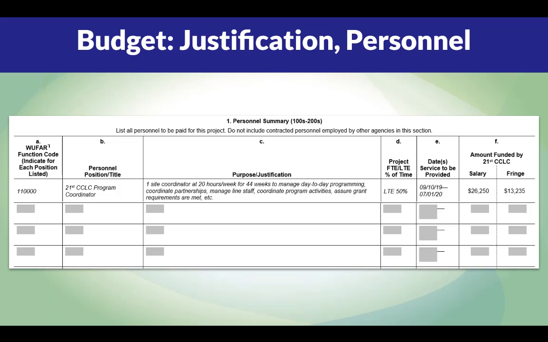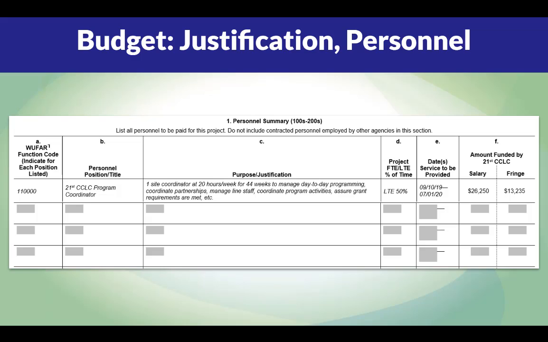Under the fourth column, D, Project FTE or LTE percent of time, list the type of employment and percentage of full-time the position will be. In the example provided, a 50% LTE means that the CLC program coordinator will work 20 hours per week. Another way to think of this is to enter 100% or 1.00 to identify the percentage of a person's time funded by the grant at full time.